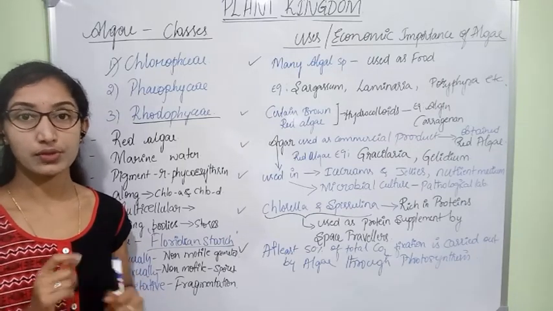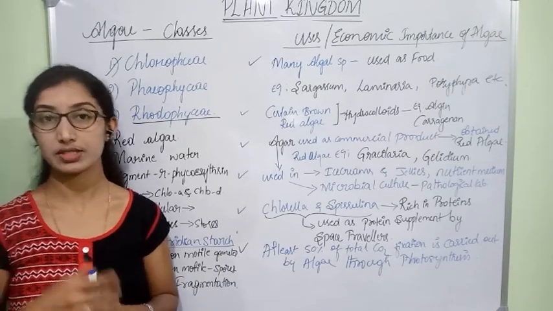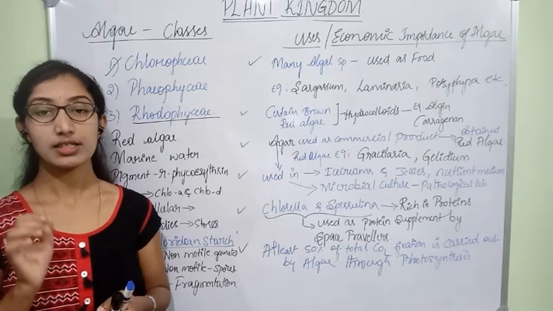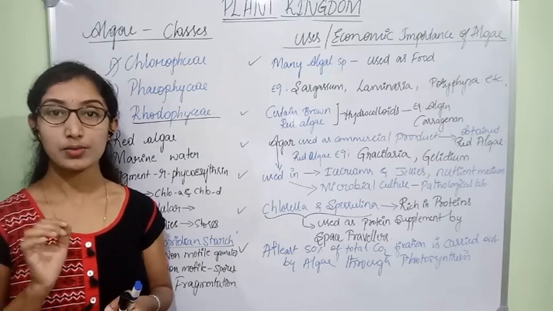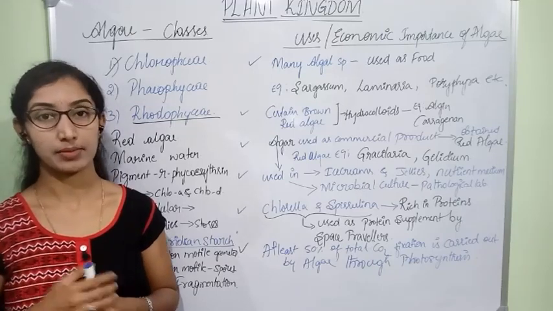But in Rhodophyceae members, sexual as well as asexual reproduction occurs by non-motile spores as well as non-motile gametes.